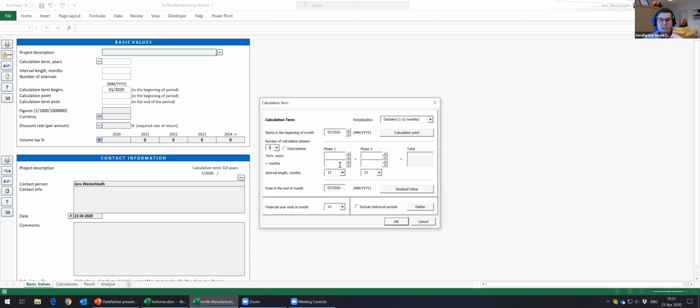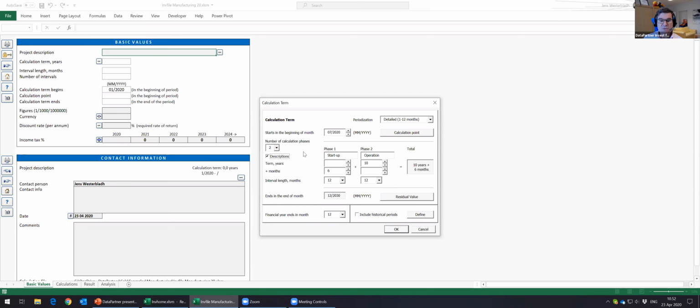And phase 1 would be with a duration of 6 months and phase 2 a duration of 10 years. And for these I can give headings. I just select these descriptions and I call phase 1 investment phase. And then operations.